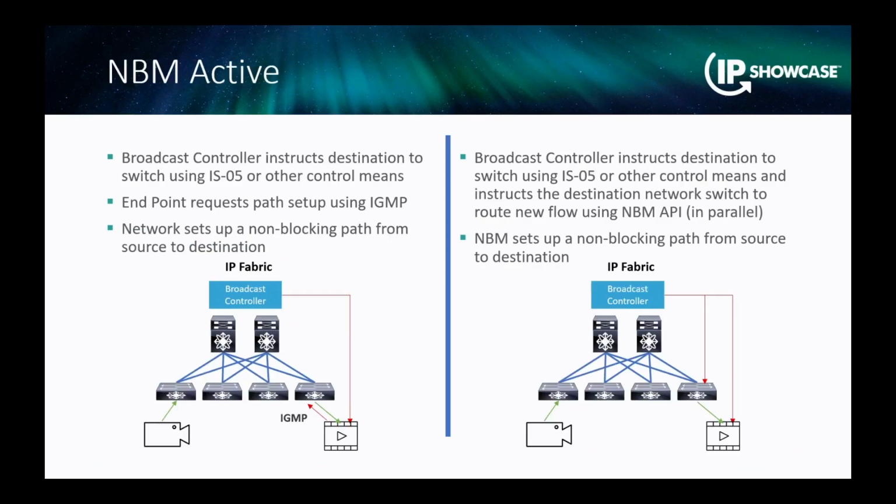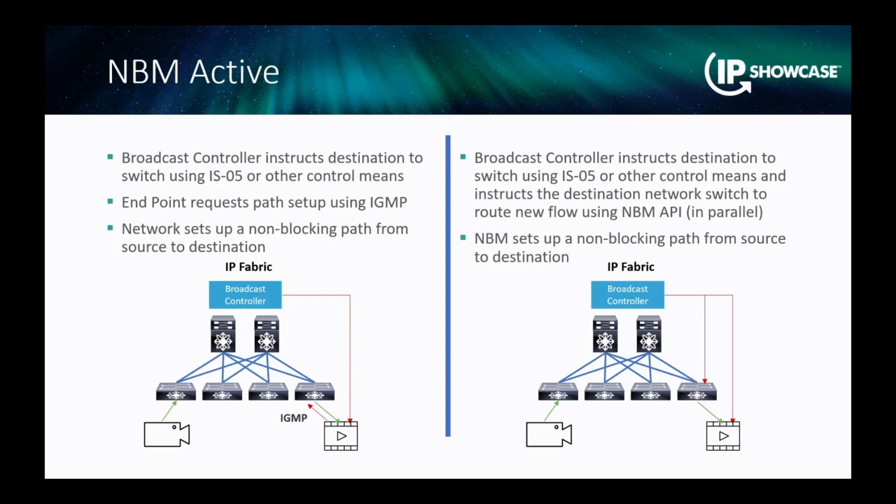Just to look a little bit further into each of these modes, in NBM active mode, we have two ways to signal that a particular receiver is interested in a particular group. On the left side, we use IGMP to signal from the receiver to the leaf that there is interest in the flow, whereas the broadcast controller uses ISO5 protocol to signal to the endpoint device, and that endpoint device signals IGMP.